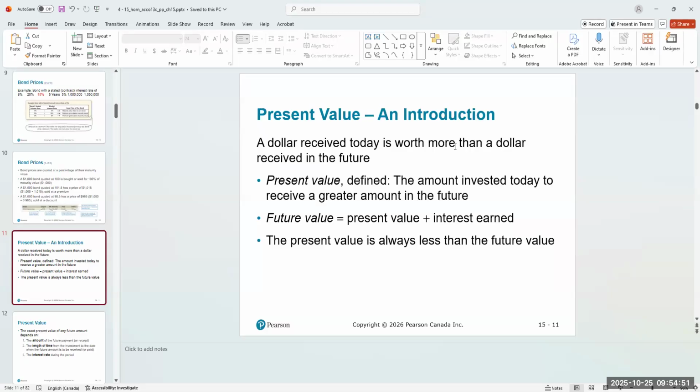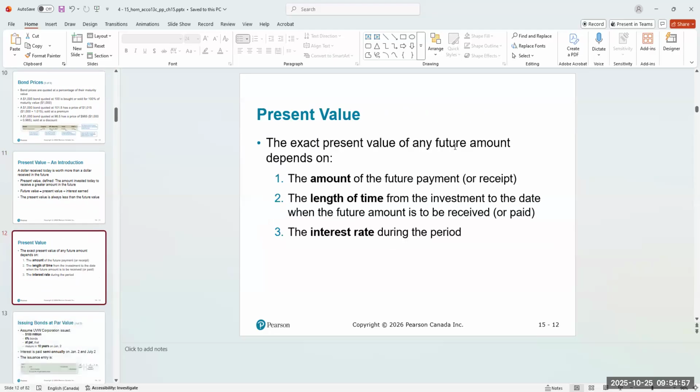So the present value is usually always less than the future value. How exactly are we going to calculate this? First, we need the amount of the future payment. We need the length of time, and we need the interest rate.